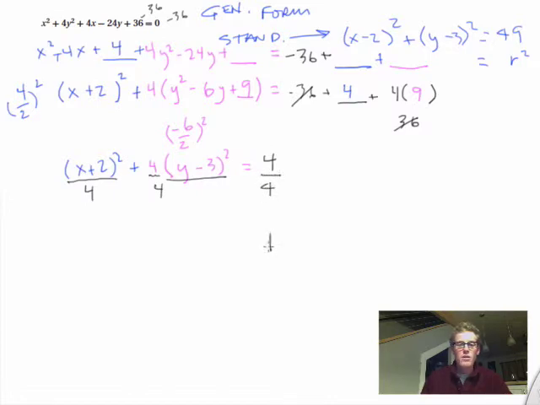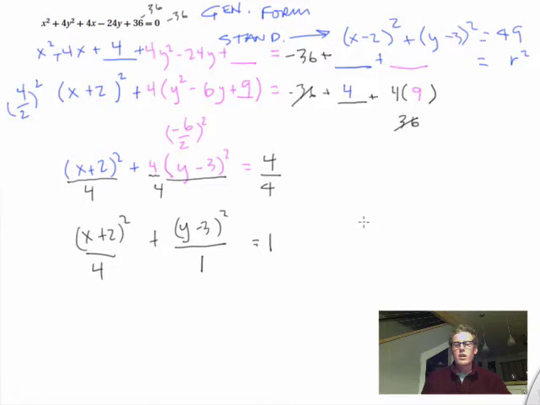So now I have 1 equals, and then I have y minus 3 squared all over 1. Well, 1 over 1, so I didn't even need to write that. So I'll just get rid of those two parts. Okay, and then I have plus x plus 2 squared over 4. Well, this is actually just a 1 right there.